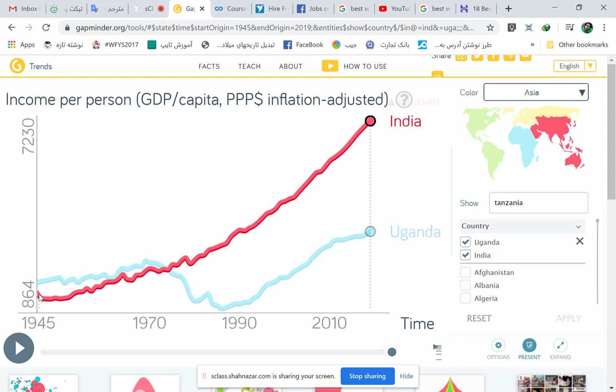At that time, you can see the economic position of India and Uganda. Approximately, they are the same. But after maybe 30 years, India is growing and growing, and the average income in India is increasing.